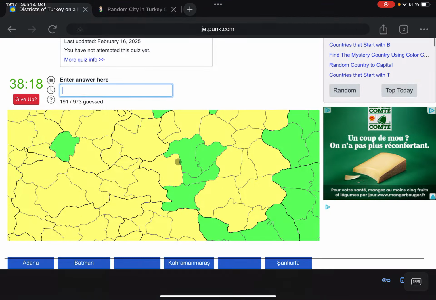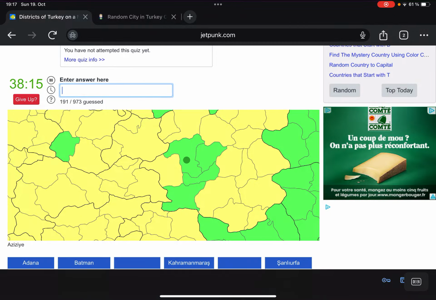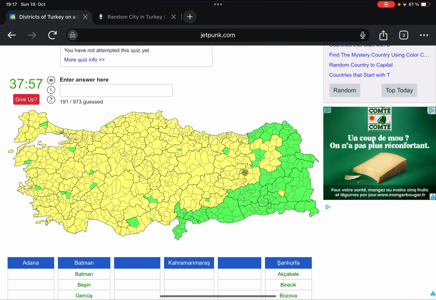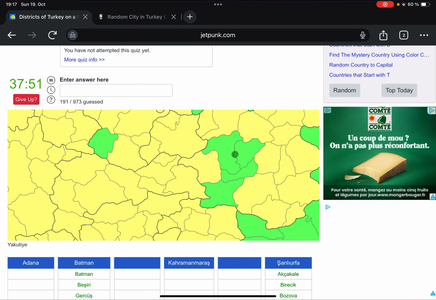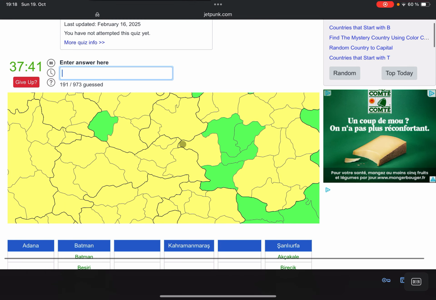I never know how to really pronounce these districts that have an Arabic origin, for example with the iye ending, you can usually tell that they stem from some kind of Arabic origin.